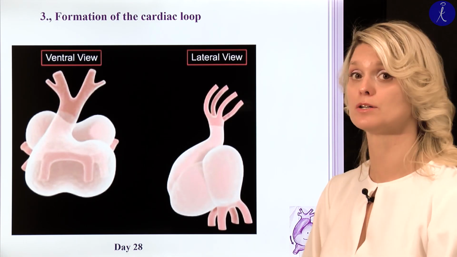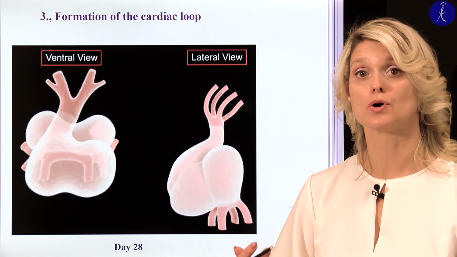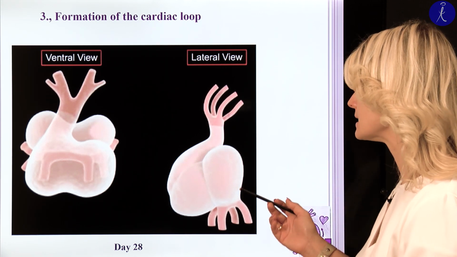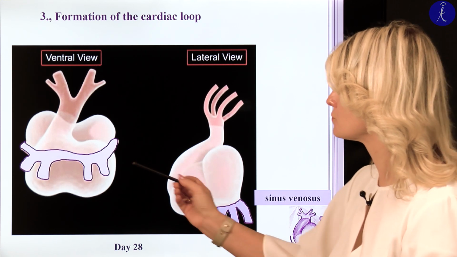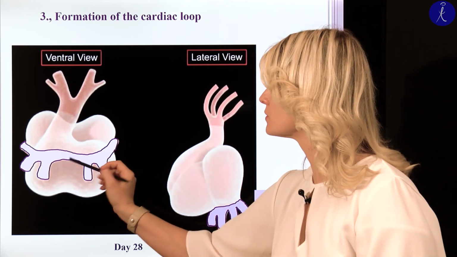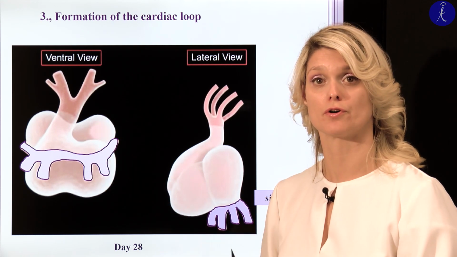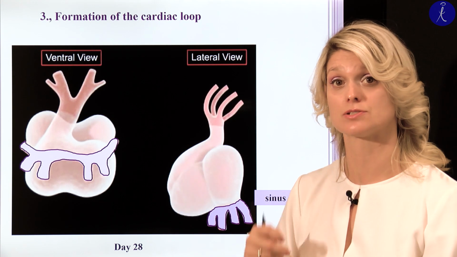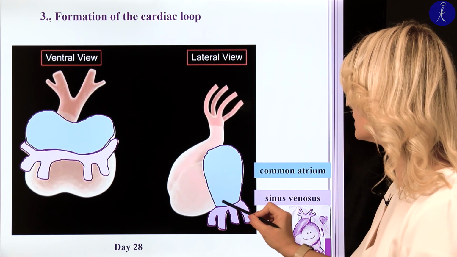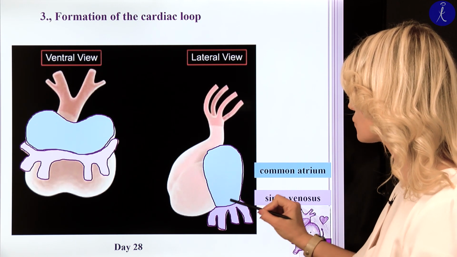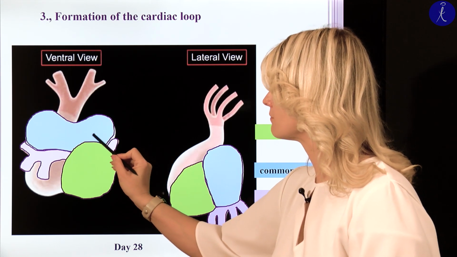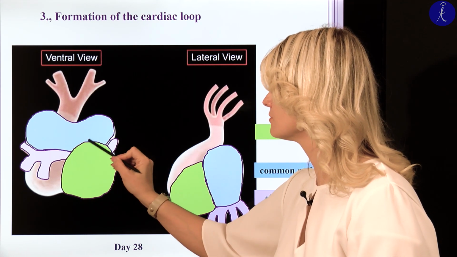And this is the final position, which is so close to the final shape of the heart. Let's see again the structures. You see the veins, they are located in the dorsal part, on the dorsal surface of the heart, the mediastinal surface. After, here you can see the common atrium in the dorsal part of the heart tube. After, on the left side, you can see the ventricle.